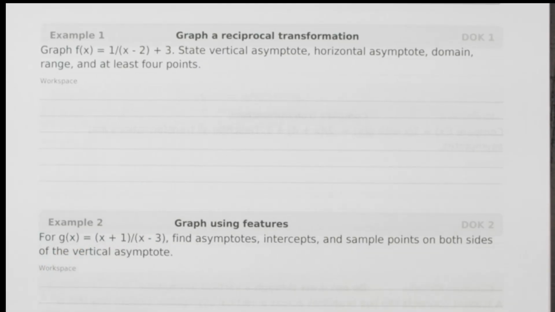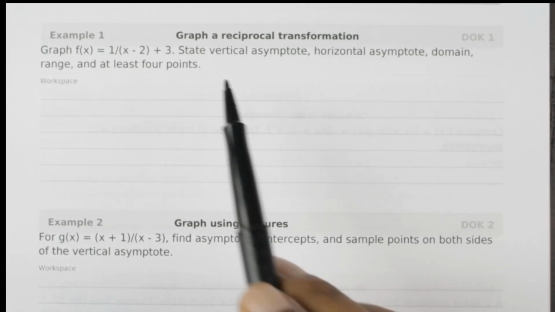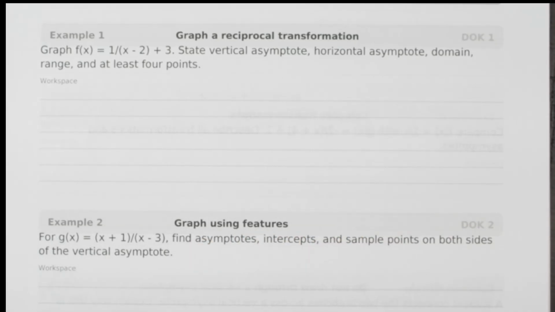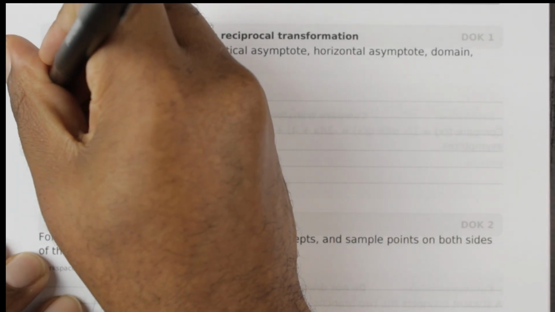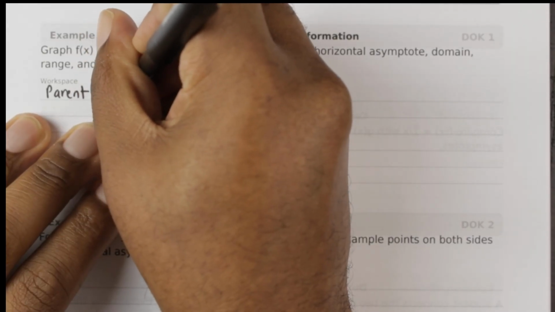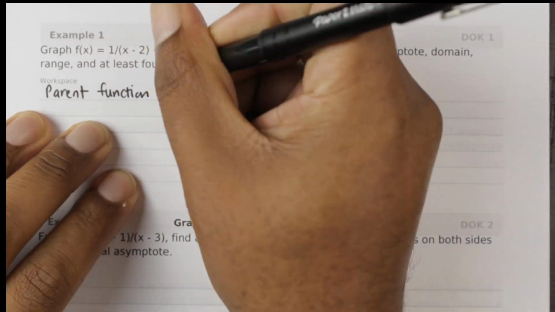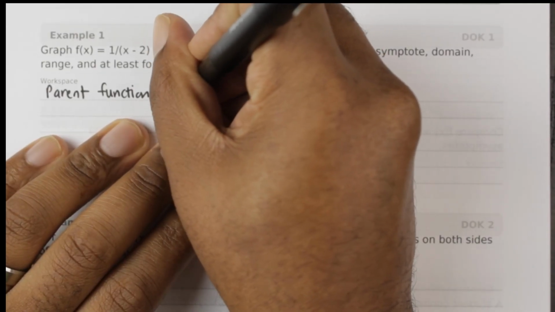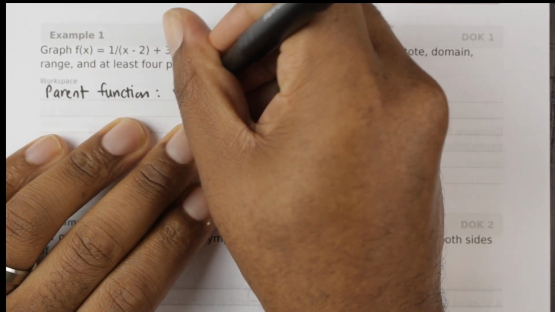So we have this function here, and we need to state these things. This is a transformation of the parent reciprocal function. The parent function is y equals 1 over x.